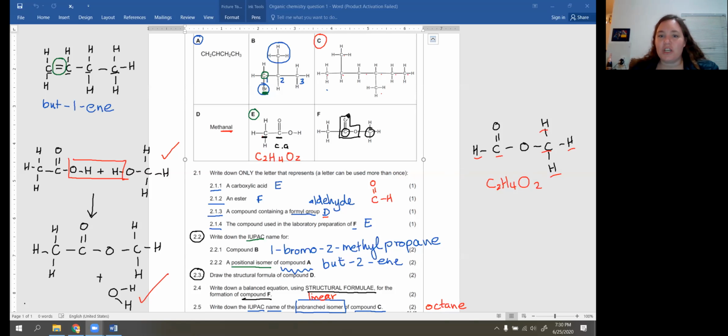I am now going to challenge all of you that I would like you to please draw the functional isomer of compound F. Bearing in mind that I've just told you that carboxylic acids and esters will be functional isomers of each other. A hint here is this is the ester. Can everybody please try and draw for me the functional isomer of compound F?